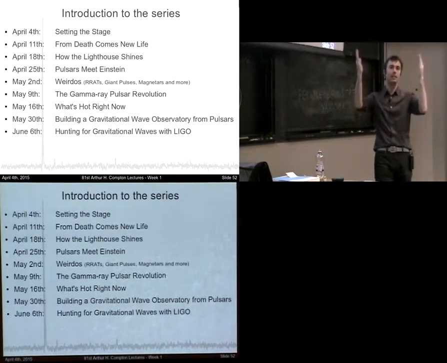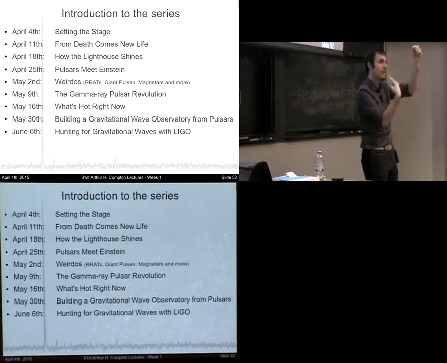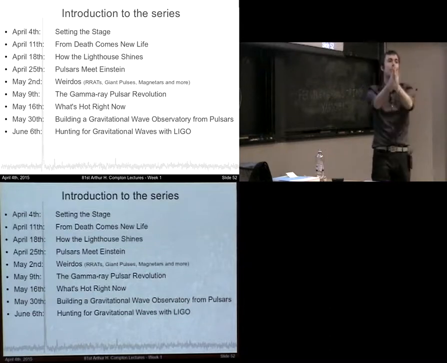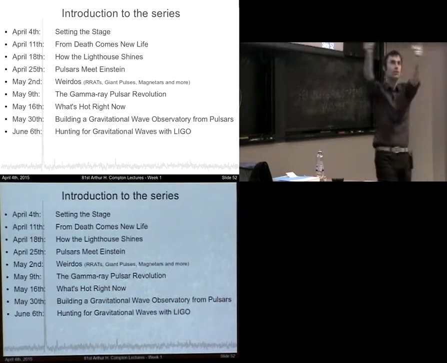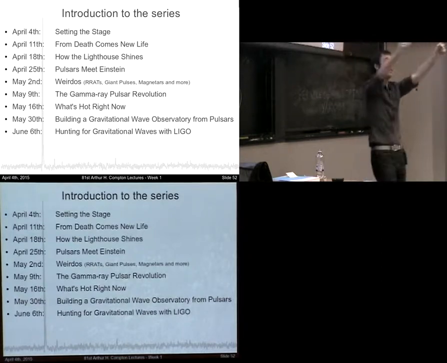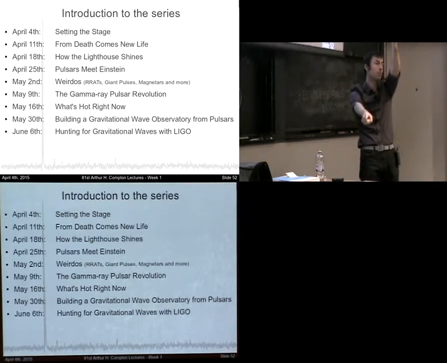So you're dealing with a star that is spinning perfectly on an axis, and then the beam comes out, and the beam doesn't have to come out straight, it can come out at any angle in between. Then it goes around like this, and if the Earth is anywhere in that place in the sky, you'll see this pulse. But if you're not in that place in the sky, you won't see it.